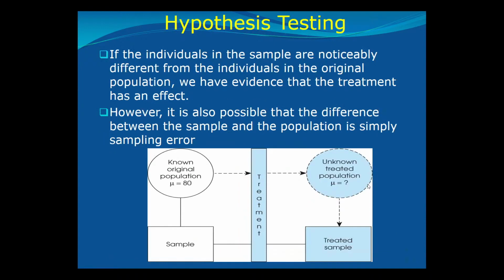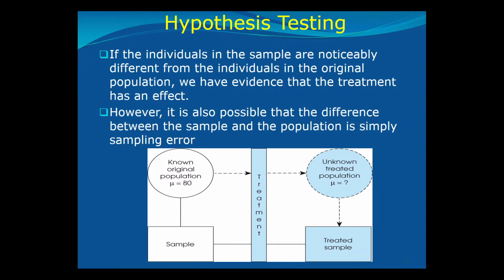If the individuals in the sample are noticeably different from the individuals in the original population, we have evidence that the treatment has an effect. However, it is also possible that the difference between the sample and the population is simply sampling error.